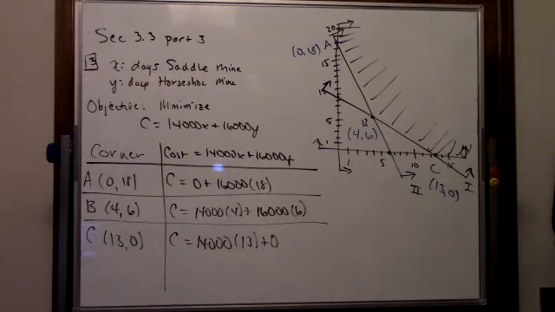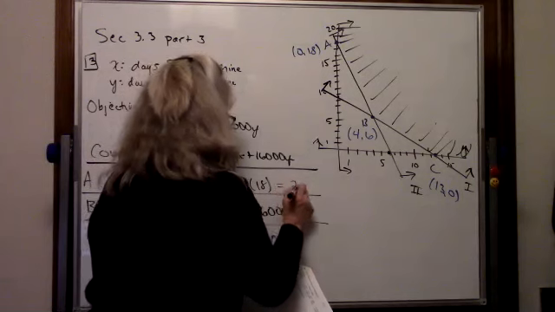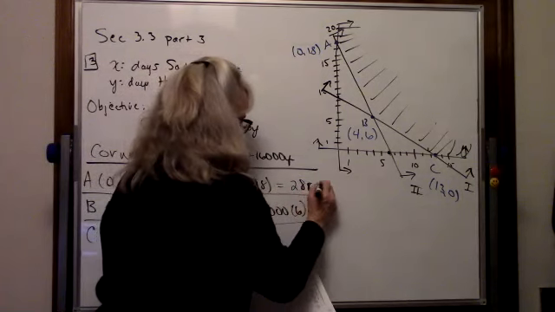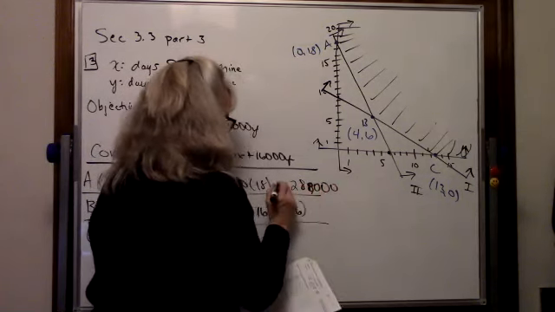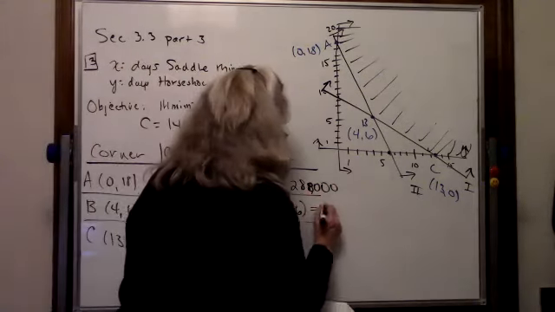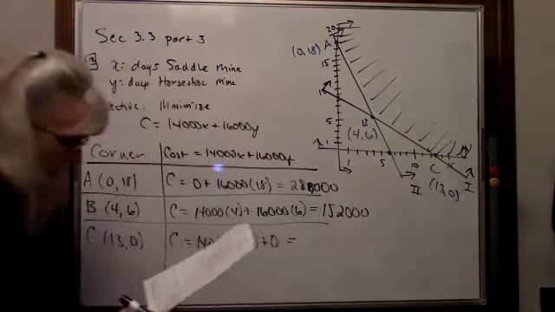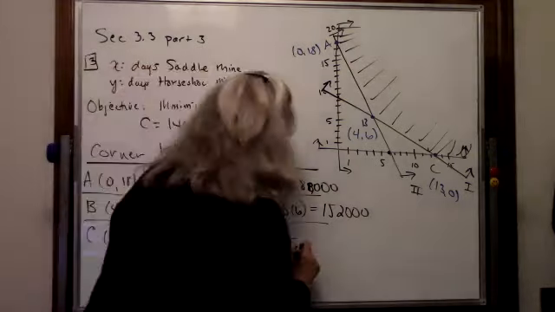And if you do that, 0, 18 comes in at 288,000. The 4, 6 comes in at 152,000. And then finally, the 13, 0 is 182,000.